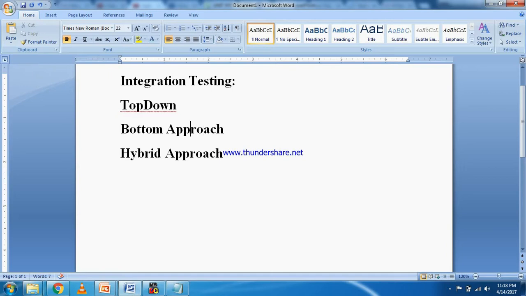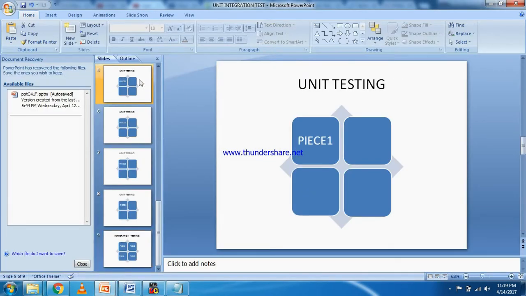The next one you can call the big bang approach, or else the system approach, system or big bang approach. These are the 4 approaches I am going to discuss now. Let us see this for better understanding.